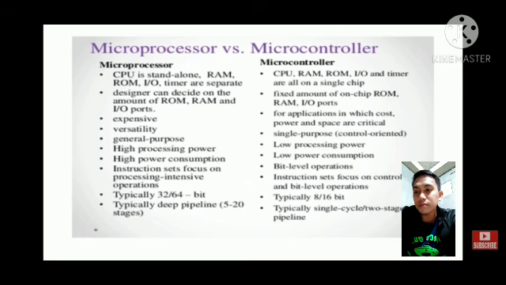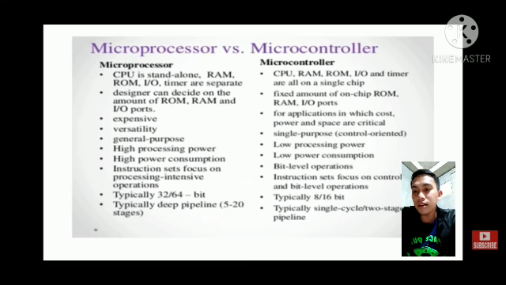Low power consumption, bit level operations, instruction sets focus on control and bit level operations, typically 8 to 16 bit only, while in the microprocessor, typically 32 and 64 bit. Big difference, right?